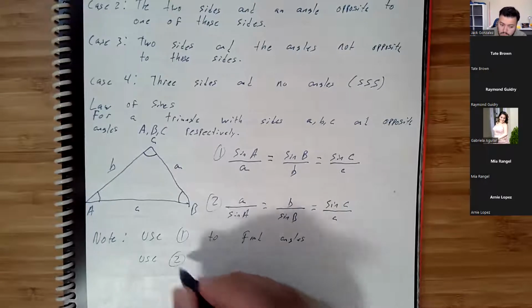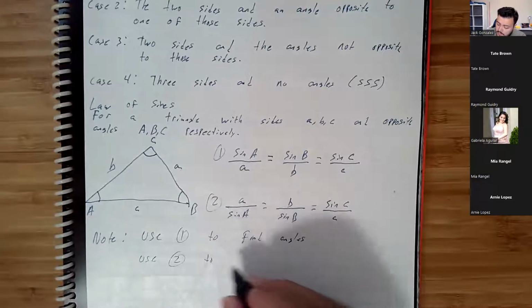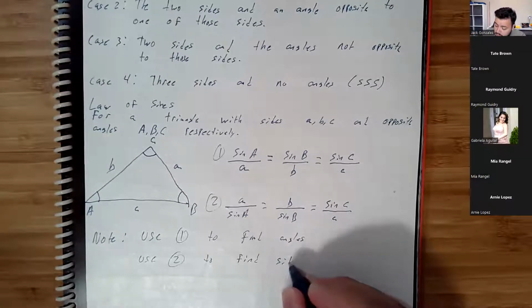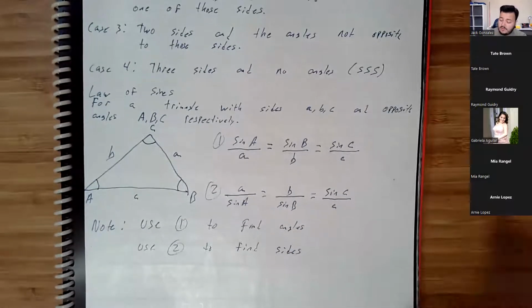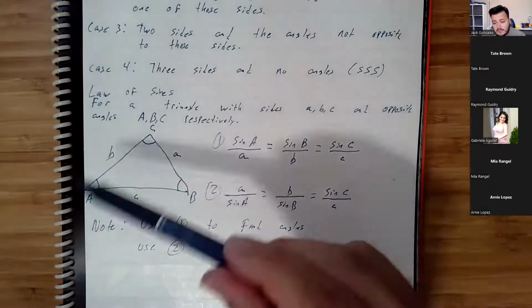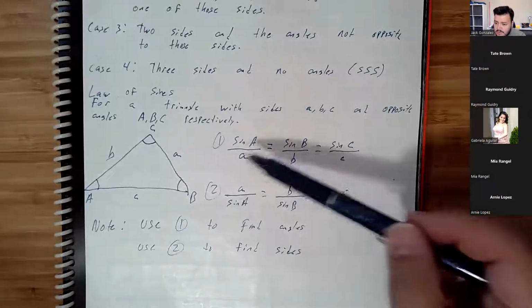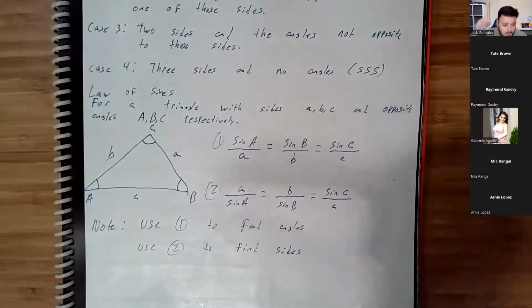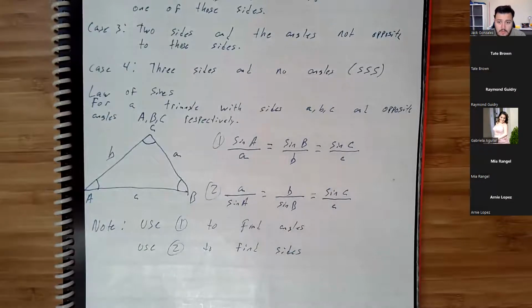Use formula two to find sides. So basically, you're going to decide how to set this up depending on the problem or what you're given. You'll set up an equation like this, then you'll find the missing side. I'll wait a bit because that was a lot of writing, and we'll start the examples.